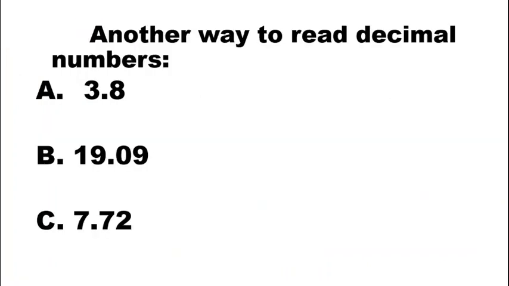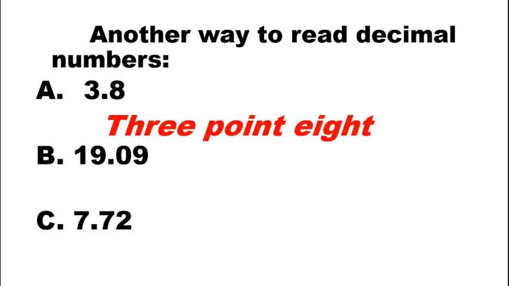Do you have any other way to read decimal numbers? The same as we did in letter A, we have a second way of reading a decimal number. Let me give you an example. Letter A is 3.8. That is a literal way of reading the number.